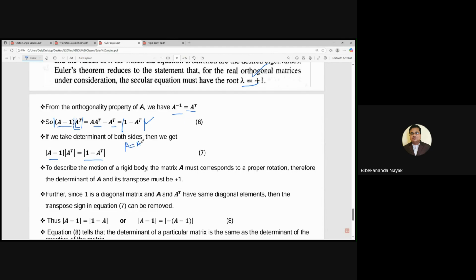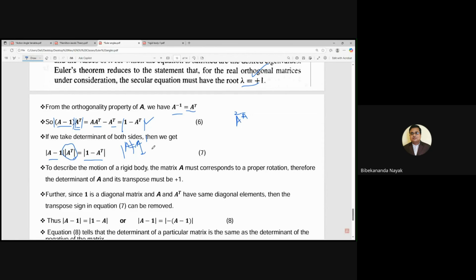Now consider the cases A minus 1 and 1 minus A. If A is a proper orthogonal matrix, then the determinant of A is equal to 1. We see this because A transpose A equals 1, so the determinant of A squared is 1, and the determinant of A is plus or minus 1.